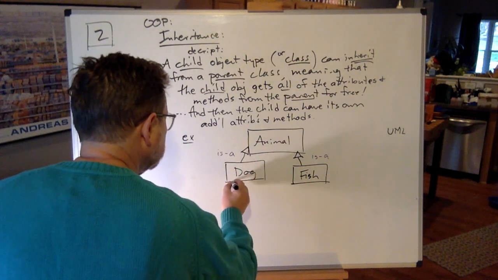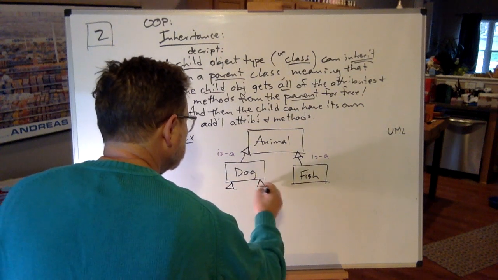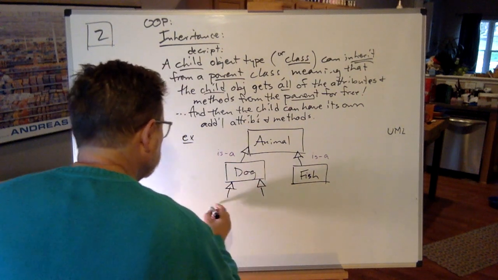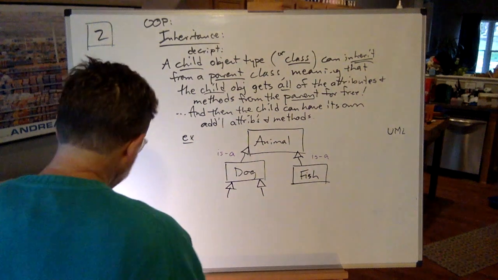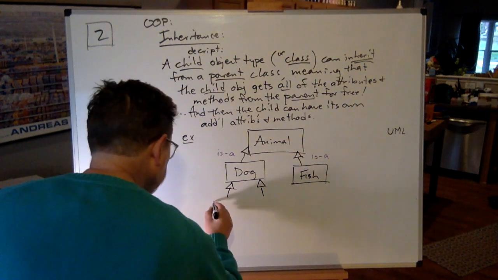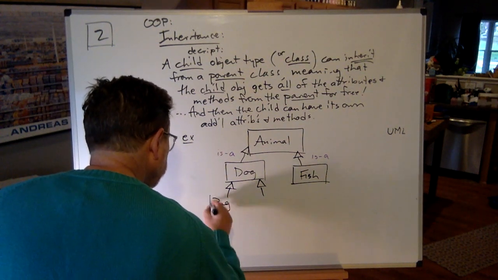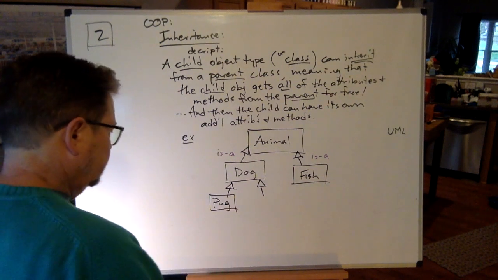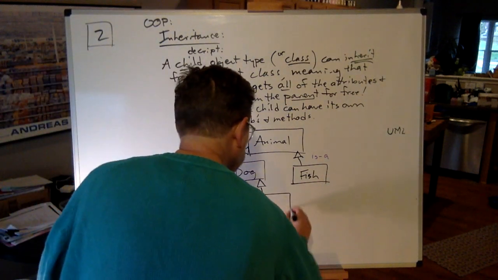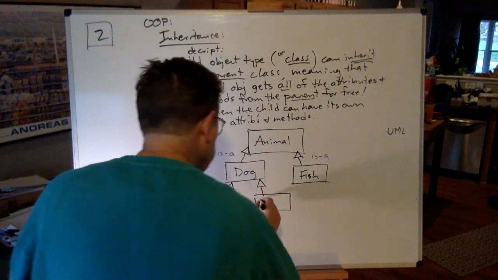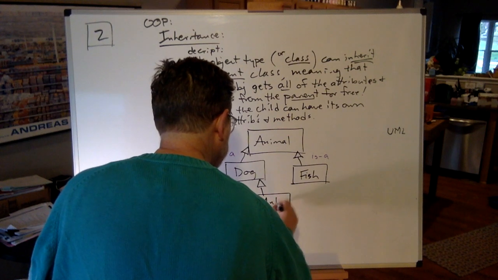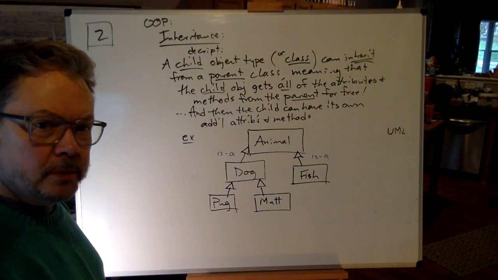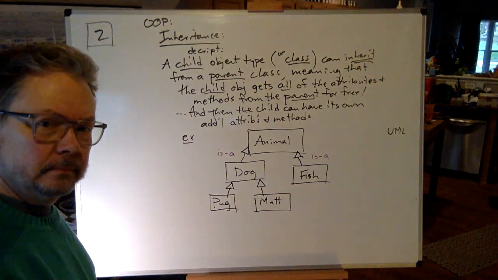And we can get more specific. That doesn't have to be just one layer of inheritance. I could have, what's a short dog kind? Pug, there we go. Pug. And mutt. That's a more specific type of animal, which is also a more specific type of dog.